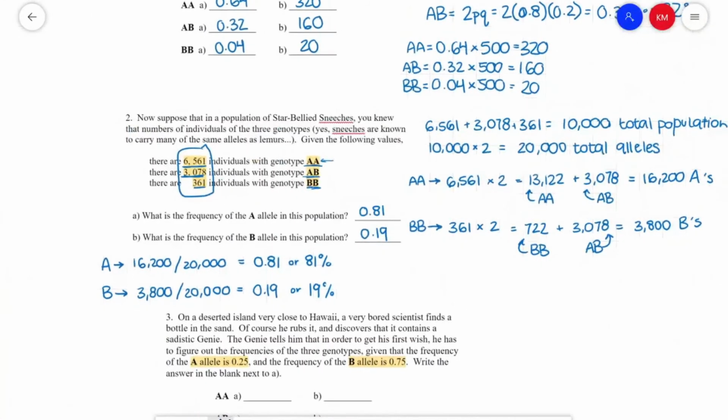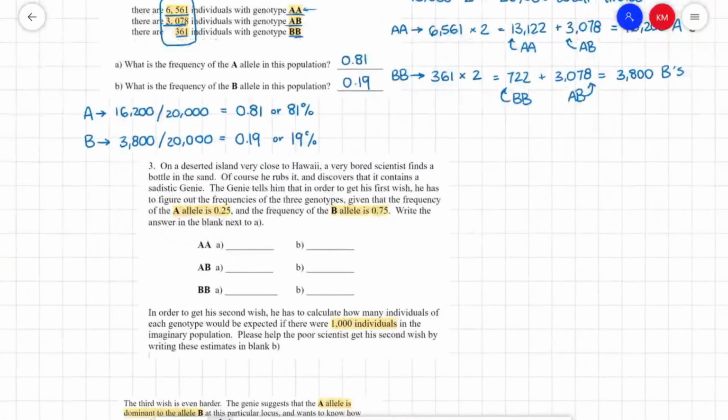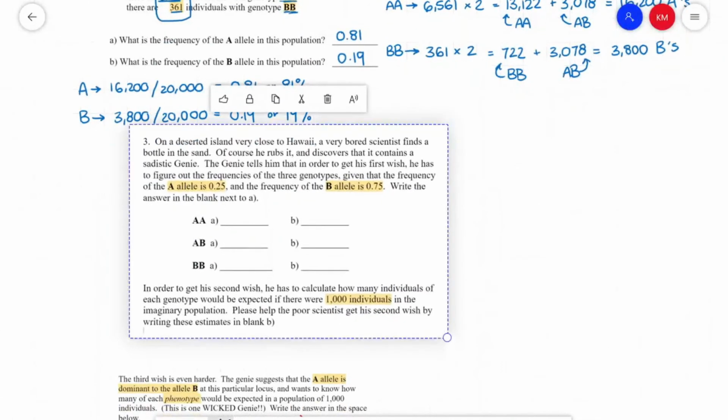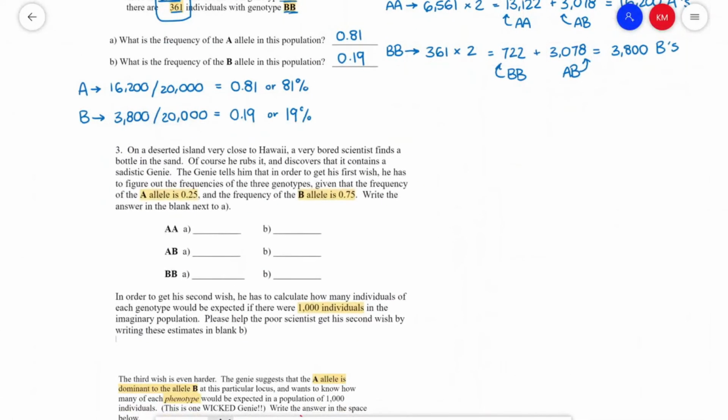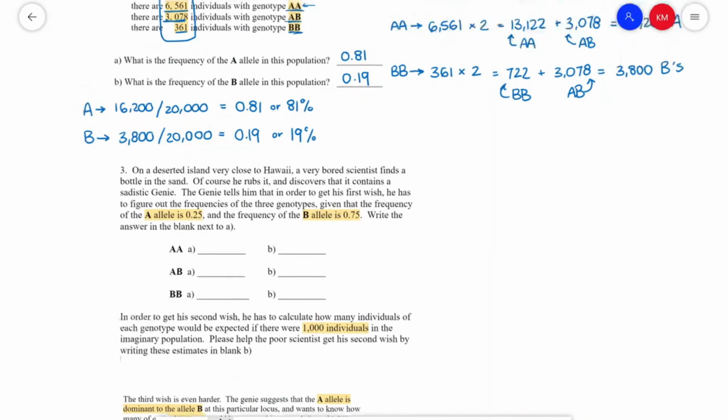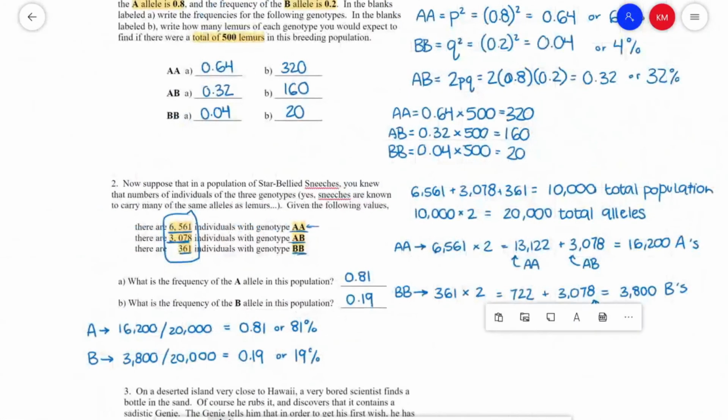Alright. We're almost done. So, question 3 is very similar to what we did in question 1.